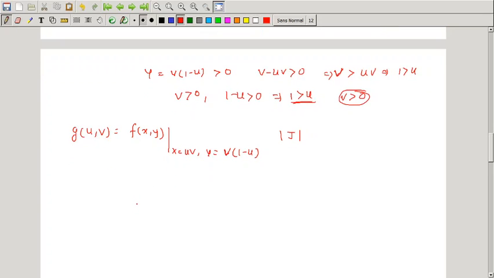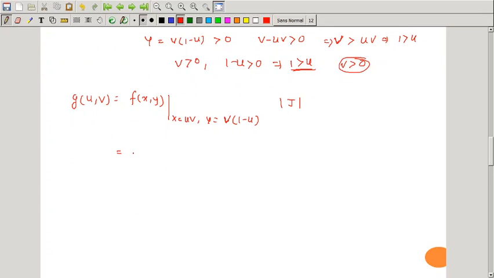So the joint density function is alpha raised to lambda 1 plus lambda 2 divided by gamma lambda 1 gamma lambda 2, e raised to minus alpha times x plus y.